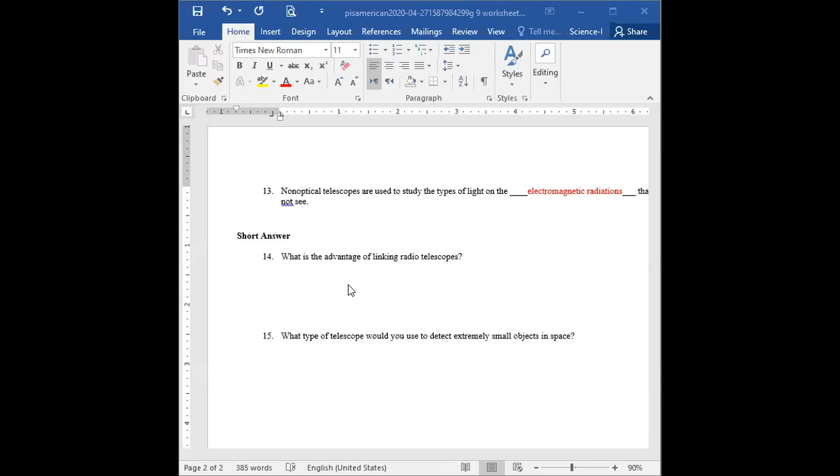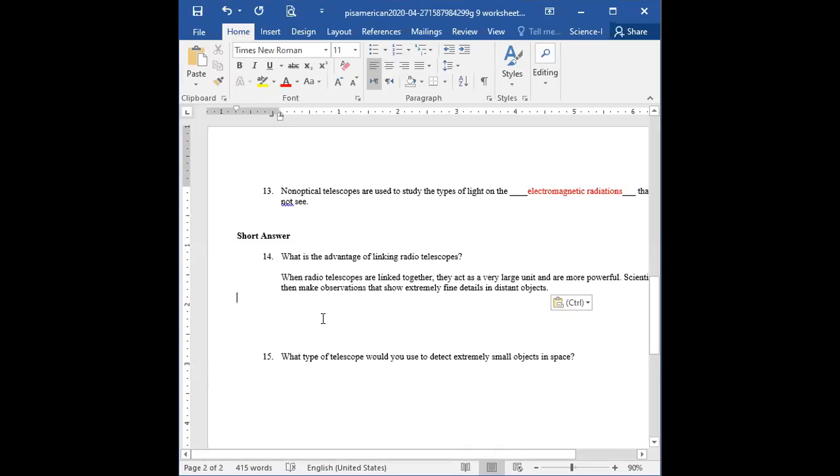Who can answer this question? Yes, Farah Mahlab? They function as a single telescope and give us clear images. Yes, good. So they could work as a single telescope that provides us more details of the objects in space. So they give more fine details and more observations.